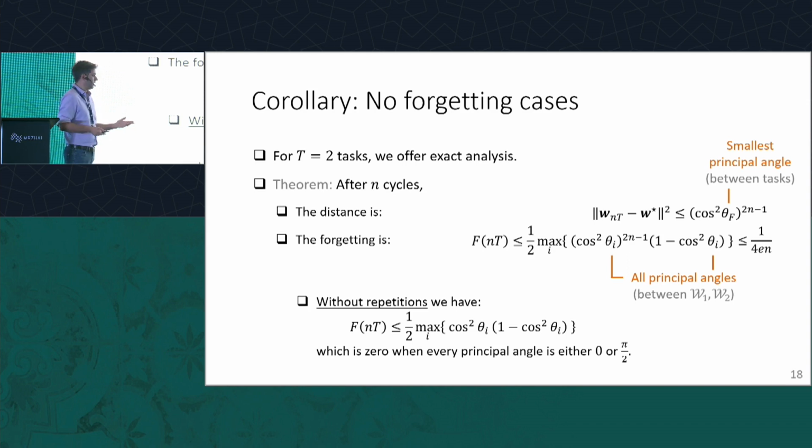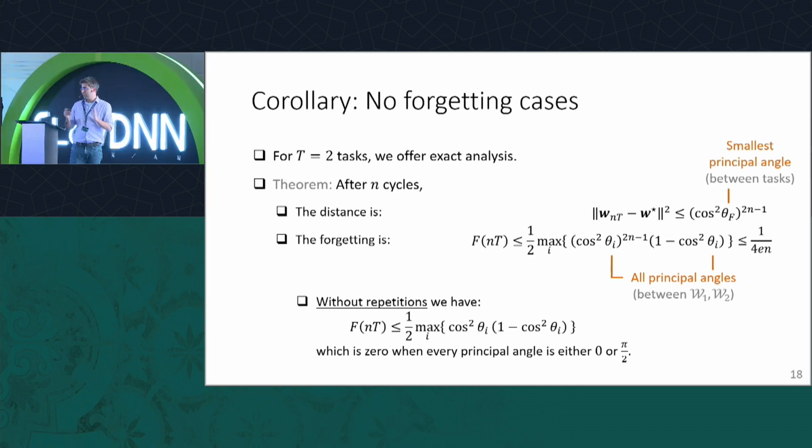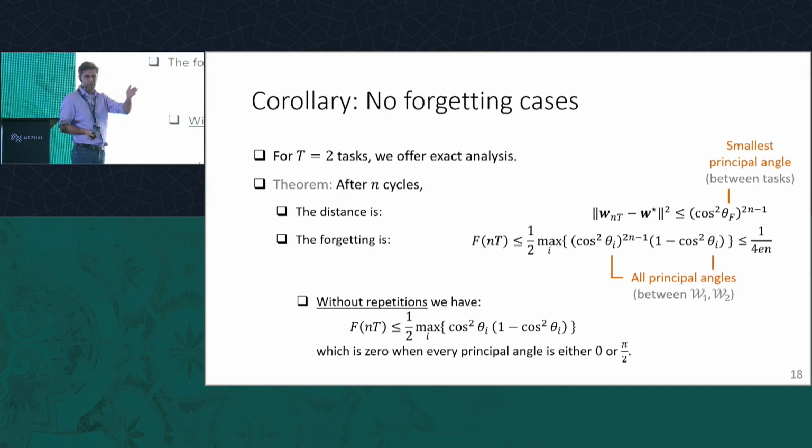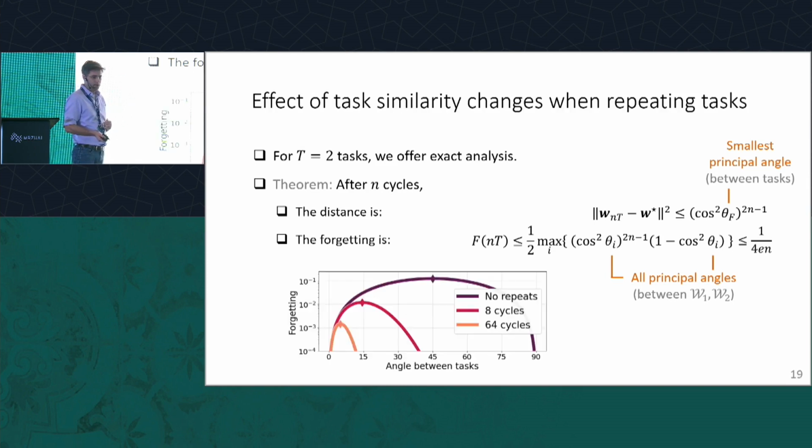So that's the good situation. Exact similarity or exact orthogonality are the best cases. What is the worst case? If you look at the worst case, it's actually the middle here. It's the angle 45 degrees, for n equals 1, if we don't do any repetition.